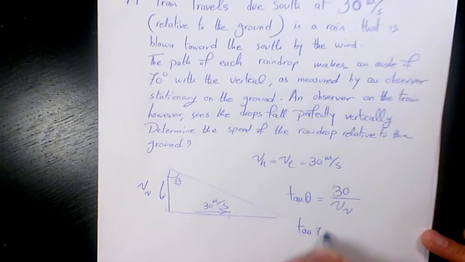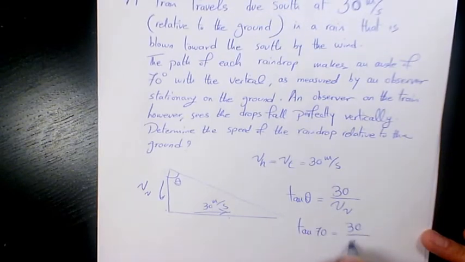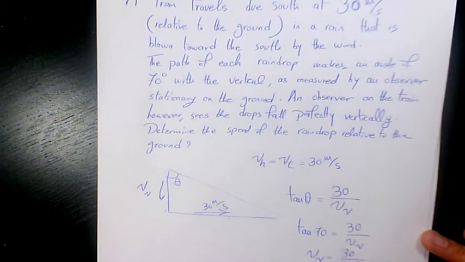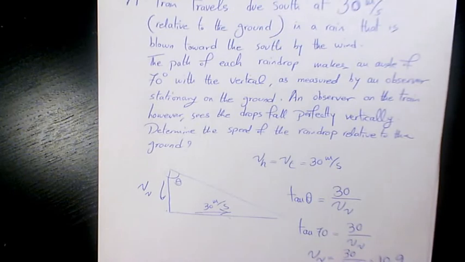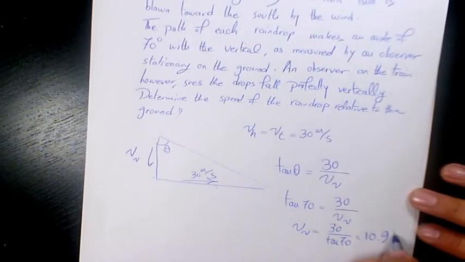So tan 70 degrees is going to be 30 over VV. So VV is going to be 30 divided by tan 70. That's going to be 10.9 meters per second.